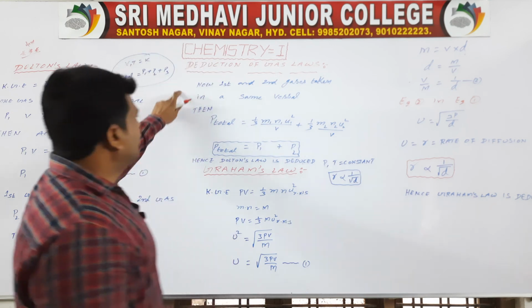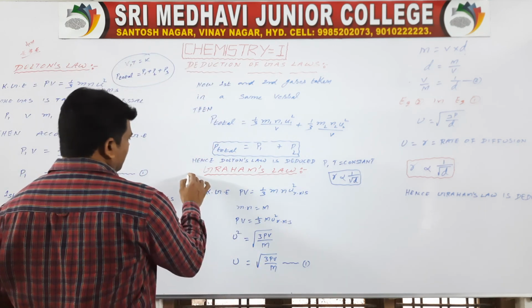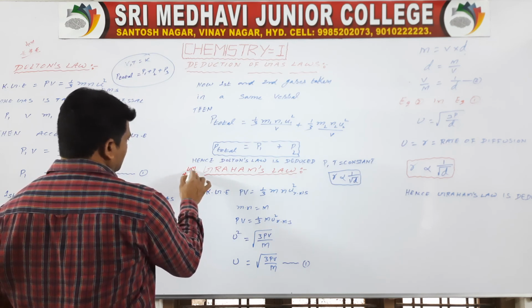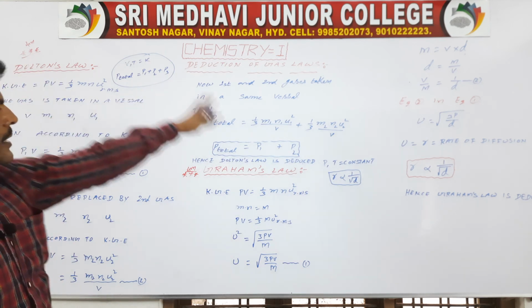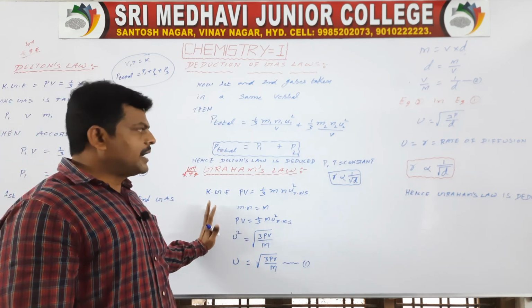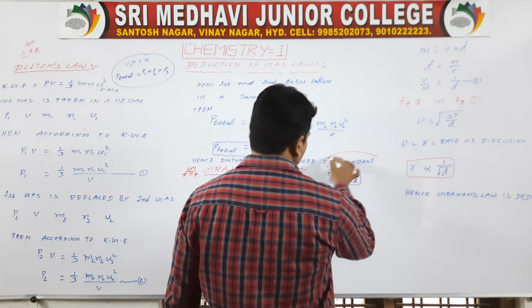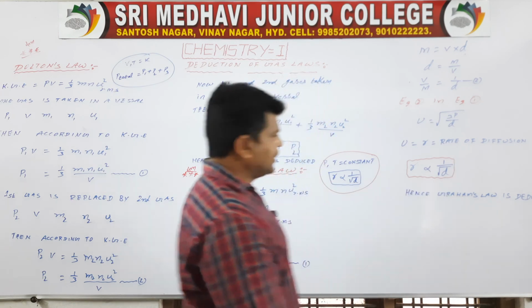So this is very important. This is nothing but Graham's law, very important for 4 marks. So this is the deduction of Dalton's law, this is the deduction of Graham's law. Okay, so we have shown here, hence Graham's law is deduced.